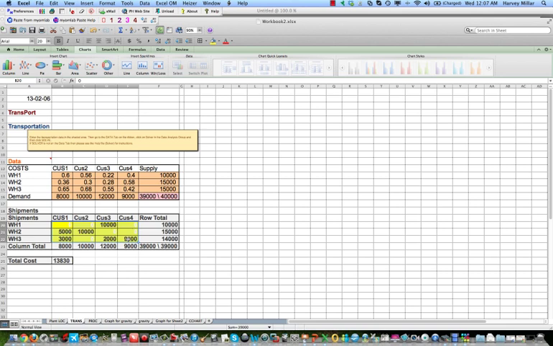Okay. Generally speaking, the way in which linear programming works, it will attempt to find a solution where each customer will receive as much as possible from a single supplier, and exhaust that. So whichever is bigger.